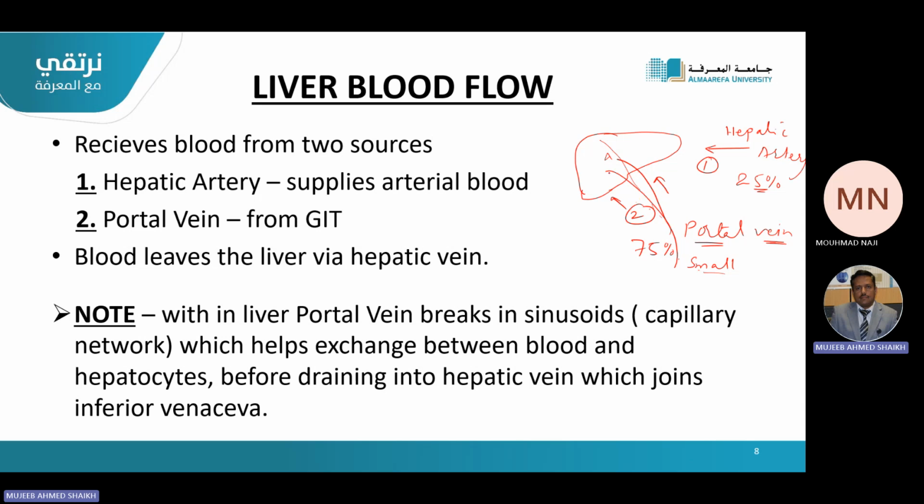Once the vein enters into the liver, it will be divided into capillaries, just like an arteriole entering an organ becomes a capillary. The capillaries in the liver are known as sinusoids.